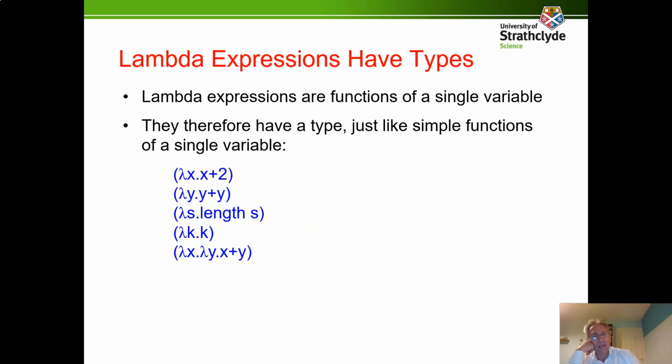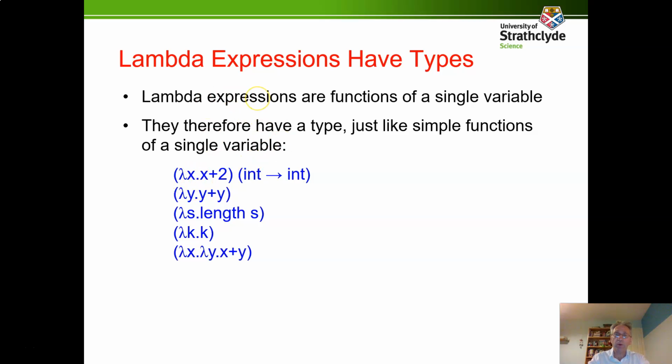First of all, let's think about the types of lambda expressions. Lambda expressions are functions just like any other function, so they will have a type. What about lambda x, x plus 2? Well, that's going to take in an integer and it will return an integer. So it's of type int to int, that's easy.